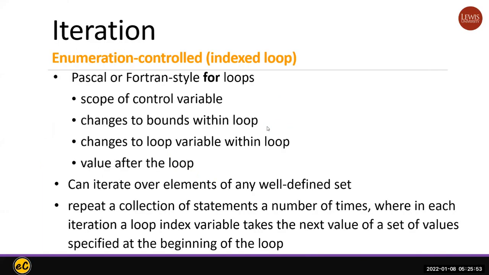First one is the iteration. Iteration is where you iterate through a certain number or certain control variable or state variable. You can iterate through statements several times and repeat a collection of statements a number of times, where in each iteration the loop index variable takes the next value of a set of values.